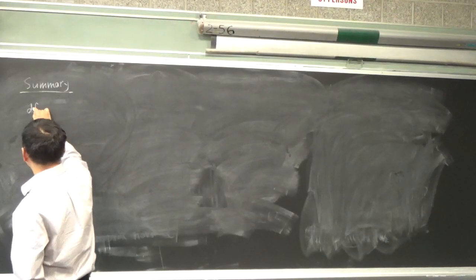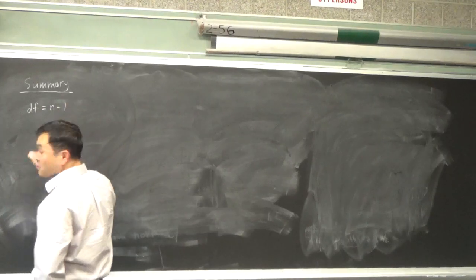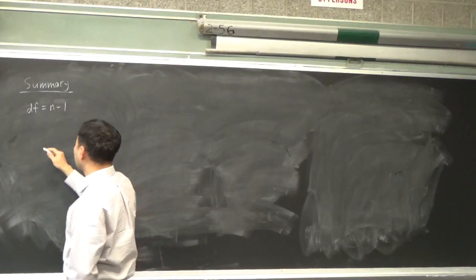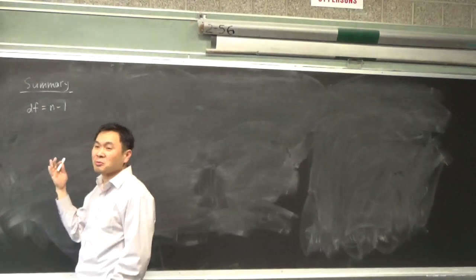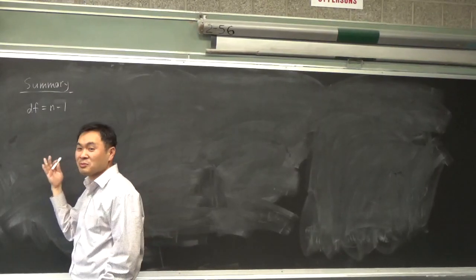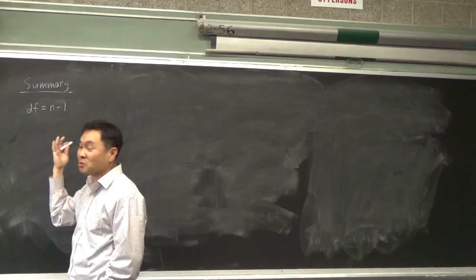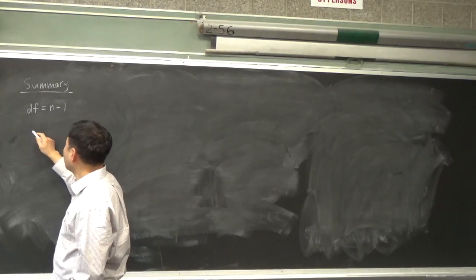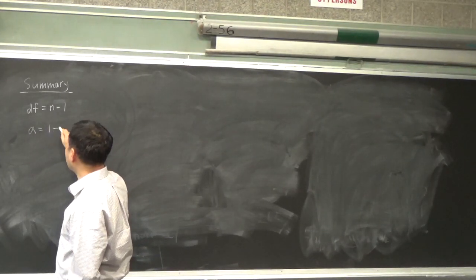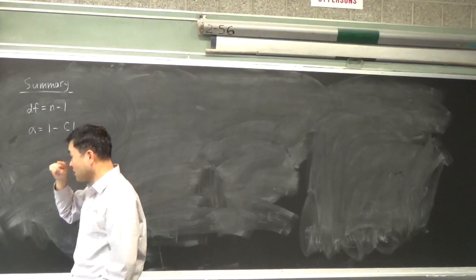Some basic facts. df is n-1. You definitely have to know that. Of course, these are given in the formula sheet, but if you don't know what it means, even if you see it in the formula sheet, it doesn't help you. So you really need to know what this means. Okay? And then alpha is 1 minus the confidence level.